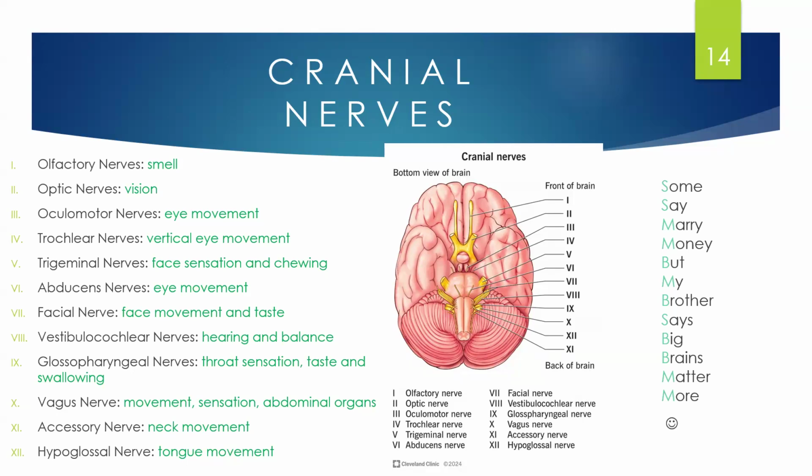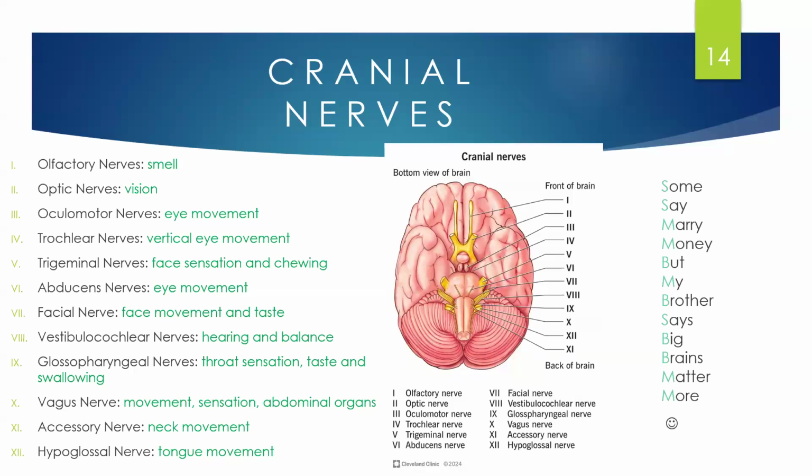Trigeminal, number 5, face sensation and chewing. 6, abducens is eye movement. 7, facial nerve, face movement and taste. Vestibulocochlear, hearing and balance, that's number 8. Number 9, glossopharyngeal nerves, throat sensation, taste, and swallowing. 10 is the vagus nerve, movement, sensation, and the abdominal organs.